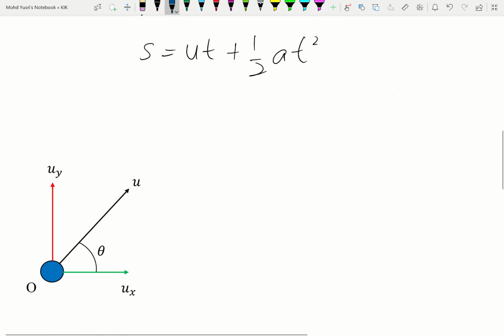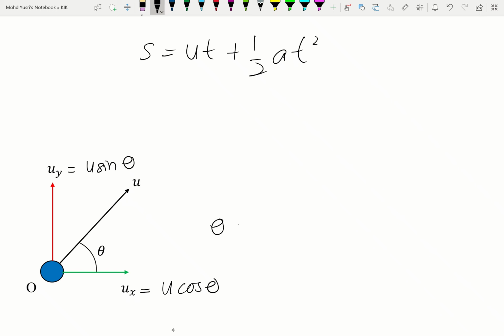Now, can you correctly resolve the initial velocity into x and y components? And can you give the expression of angle theta? If you use trigonometric functions, the x component of this velocity is given by u cos theta, and the y component of this velocity is given by u sine theta.